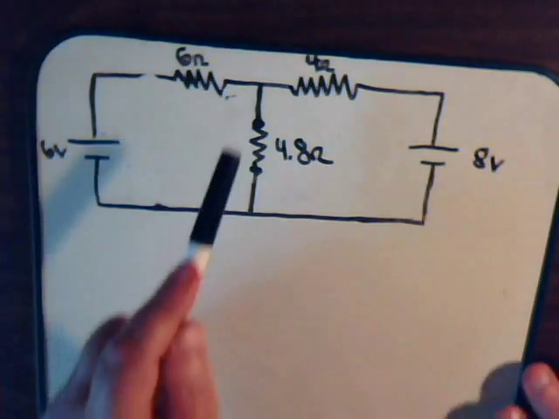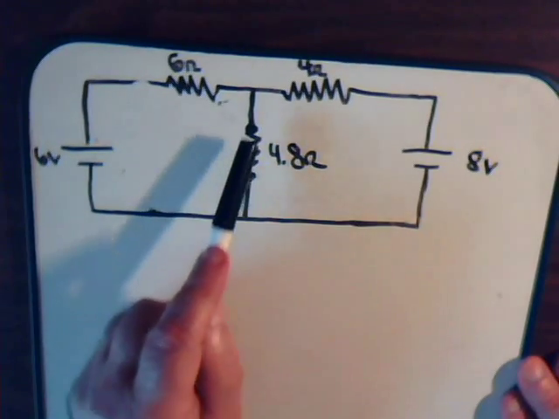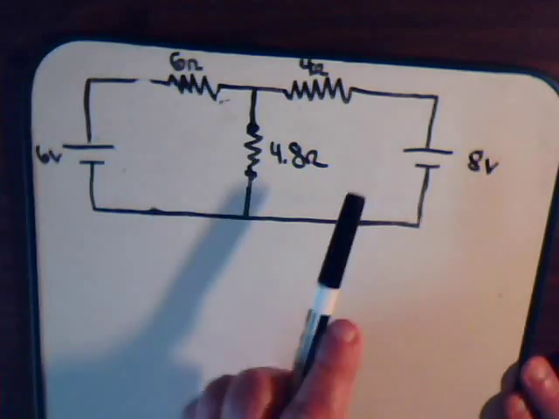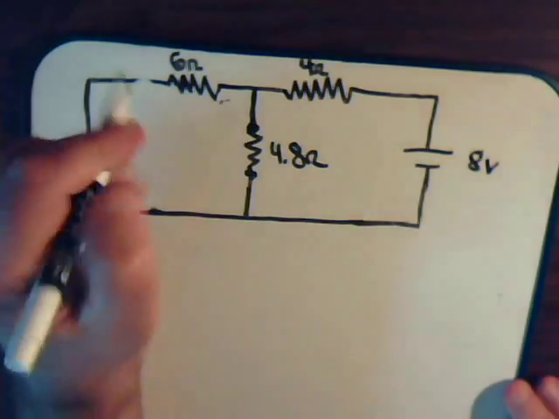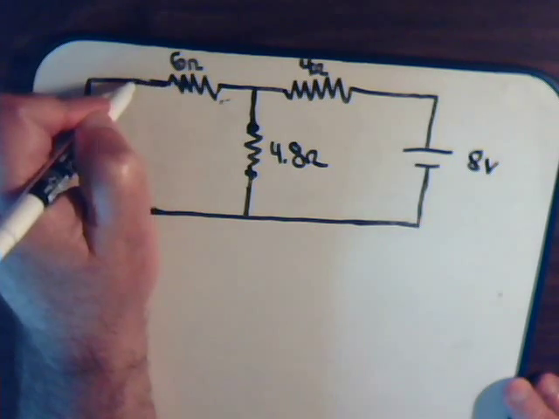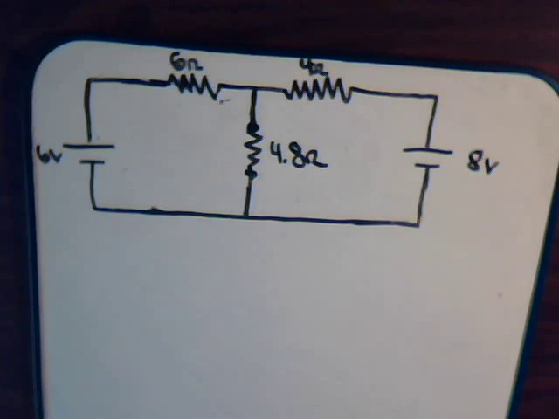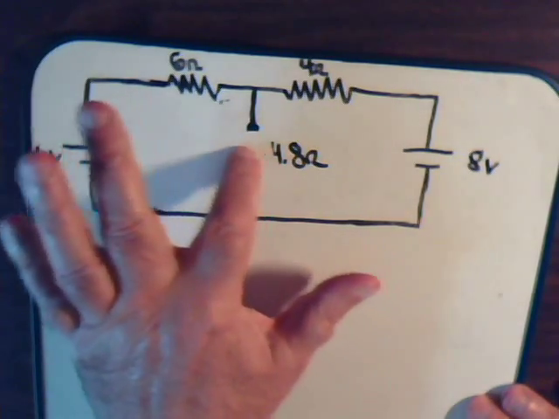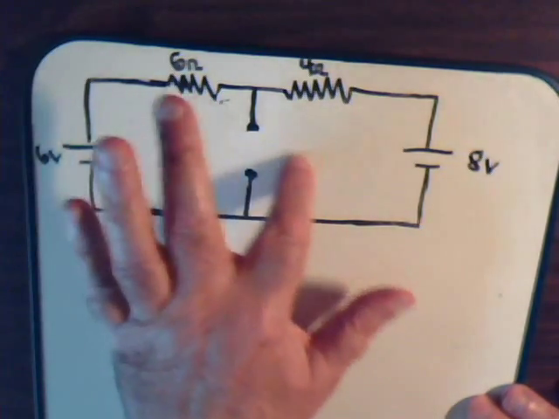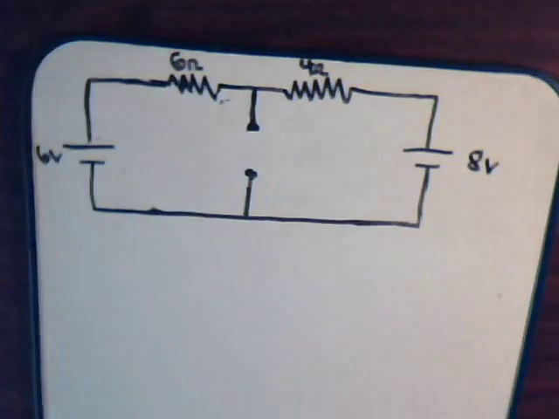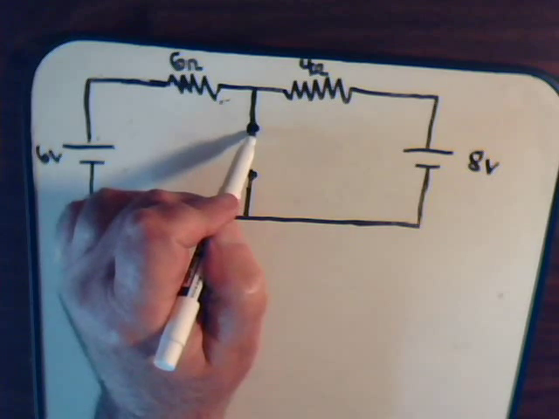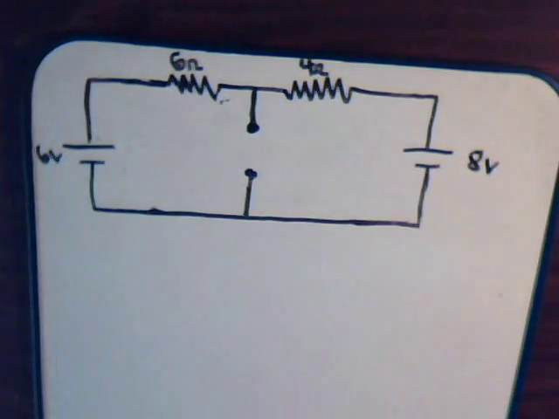Okay, this is the resistor of interest. So this would be like the load resistor, and all the other parts of the circuit would be like the supply part. What we do is, initially we temporarily remove this, and then we ask ourselves, what is the voltage across these two terminals?